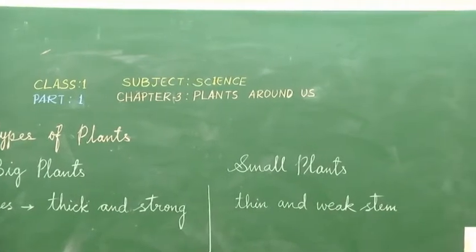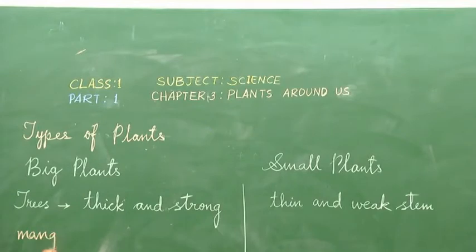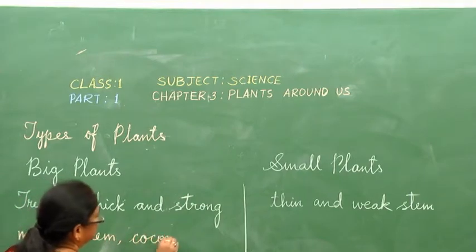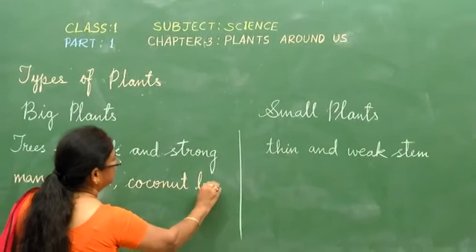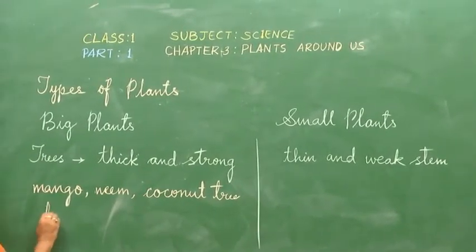Can you name some big plants? Yes, mango. Then neem, correct. Then coconut tree. Yes, banyan tree.